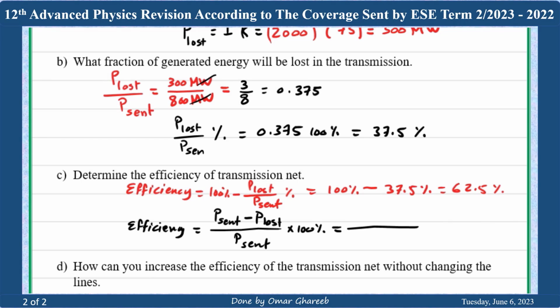So 800 minus 300, all in megawatt, over 800, also megawatt. The answer would be 500 over 800 multiplied by 100. It is 62.5, the same as before.